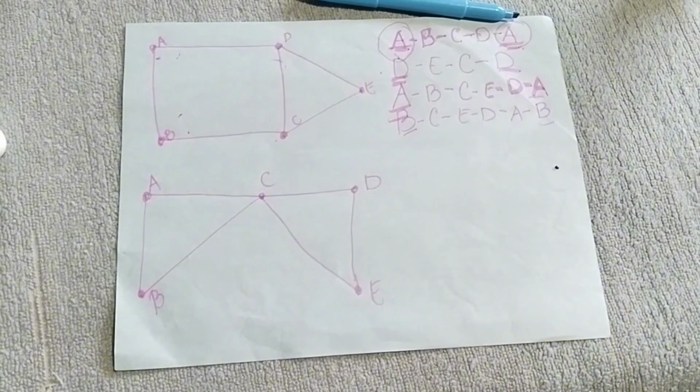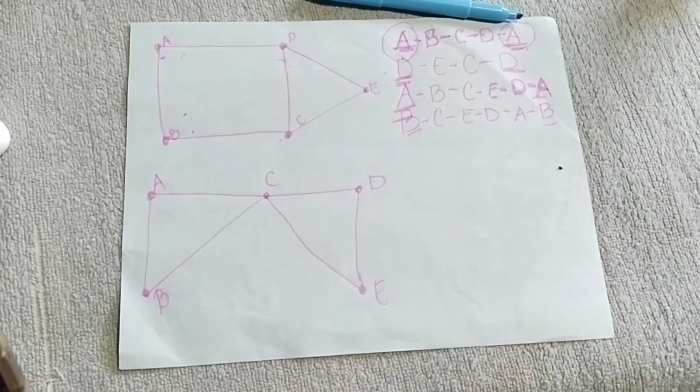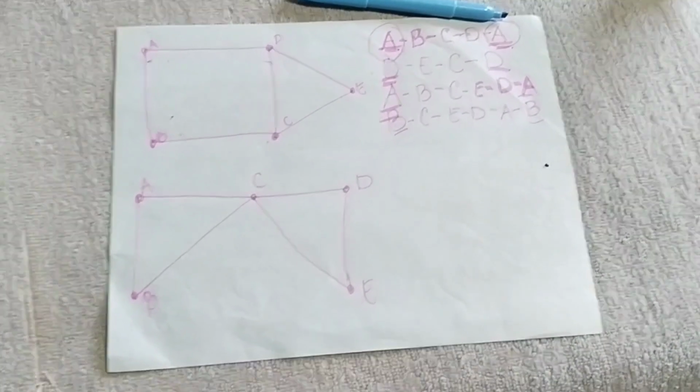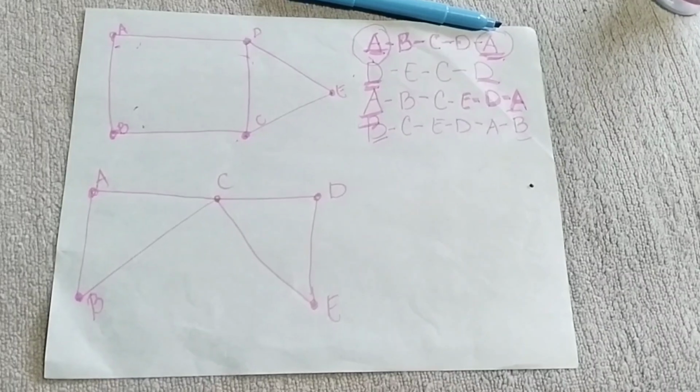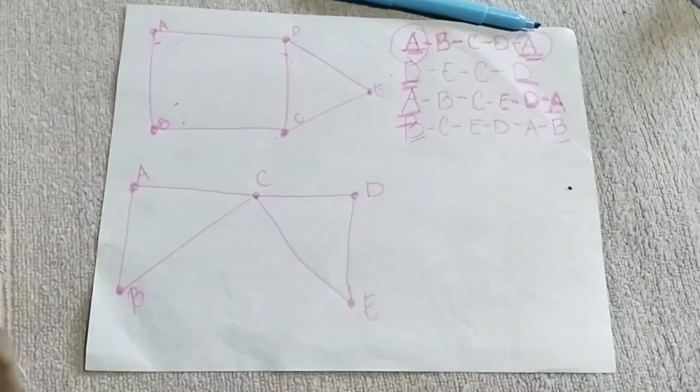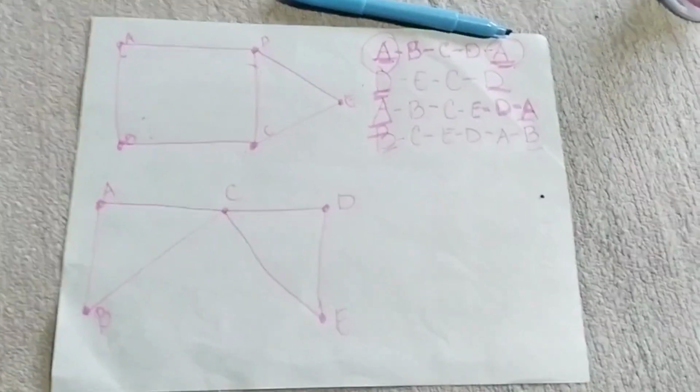And we have the Eulerian circuit. An Eulerian circuit is a circuit which traverses all edges only once. Remember, it traverses all edges only once.